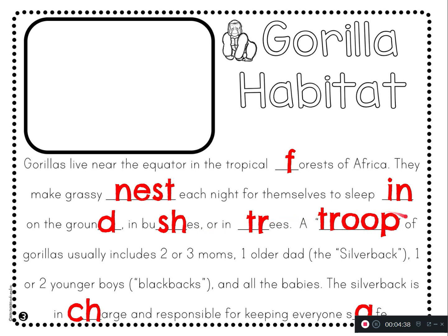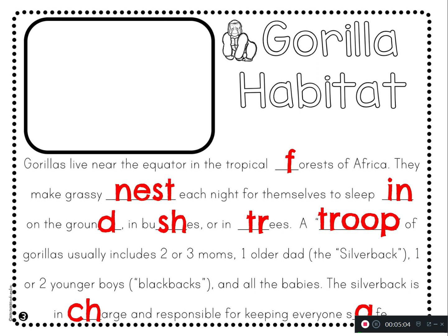A troop of gorillas usually includes 2 or 3 moms, 1 older dad, the silverback, 1 or 2 younger boys, blackbacks, and all the babies. The silverback is in charge and responsible for keeping everyone safe.